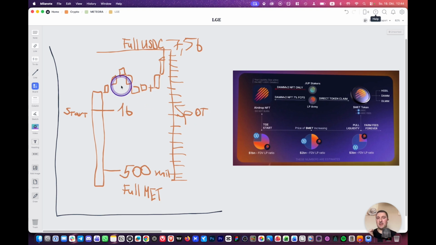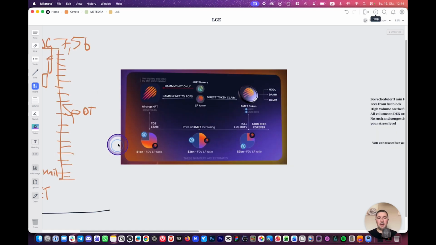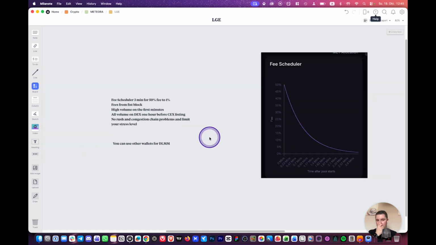So this is a time-sensitive and volume-sensitive thing. The longer it stays here, the more stable fee income you can have. This is something you can be aware of. Let's go further. We also have the fee scheduler, which will only be in this NFT position.